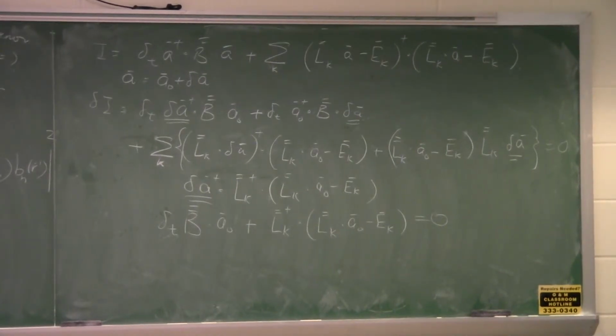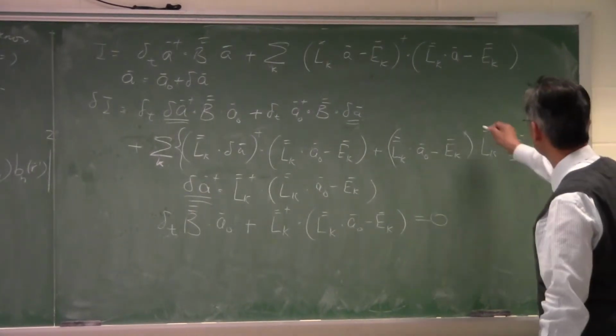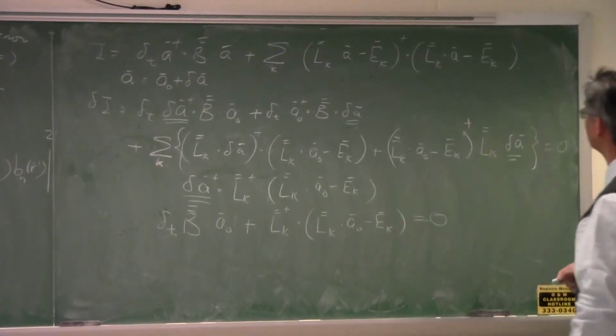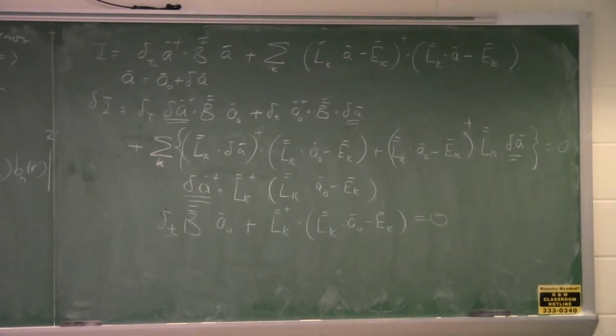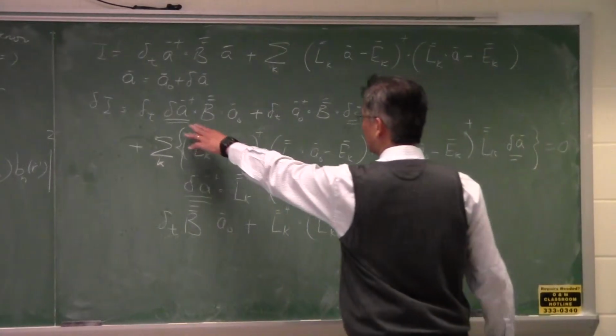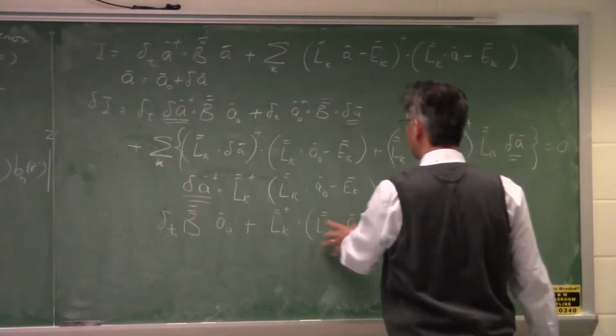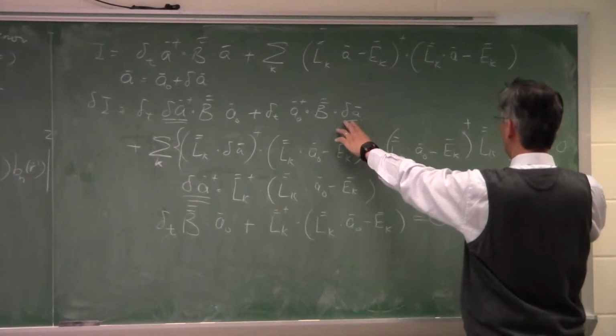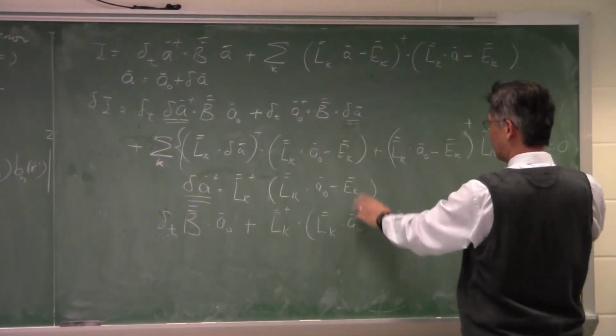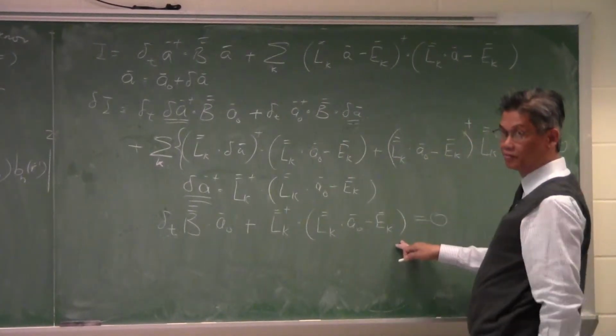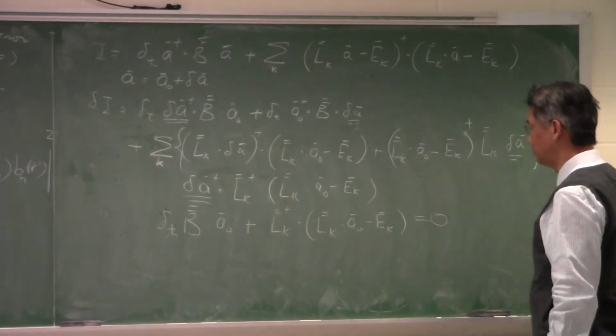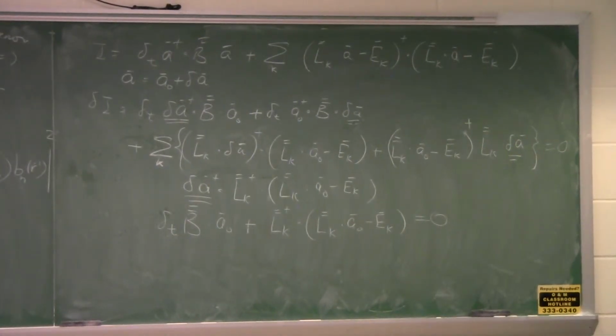But the equation that you obtain is exactly the same as this equation. There should be a conjugate transpose. Okay? So I can take either matching the delta A conjugate transpose term and get this equation, or matching this with that. If I match this with that, I get exactly the conjugate transpose of this equation. So I don't need to write it 2 times. So if this equation is satisfied, that equation above would be 0.